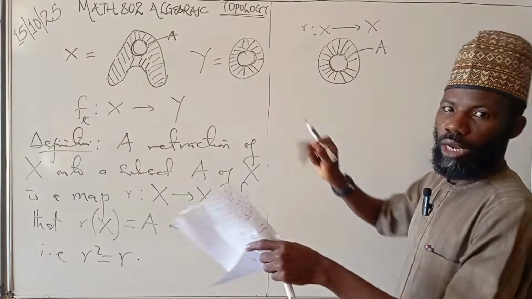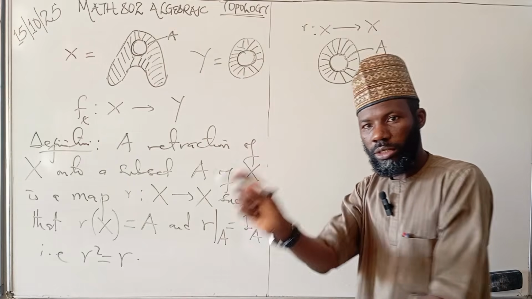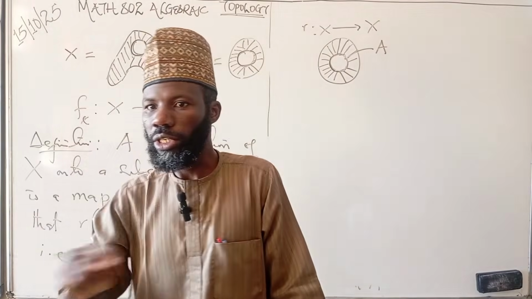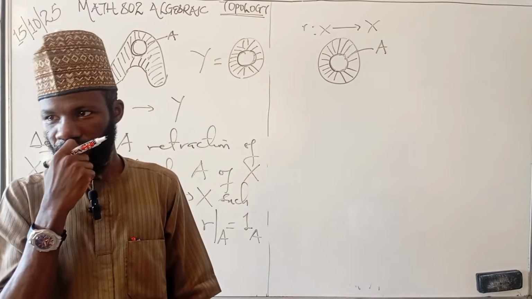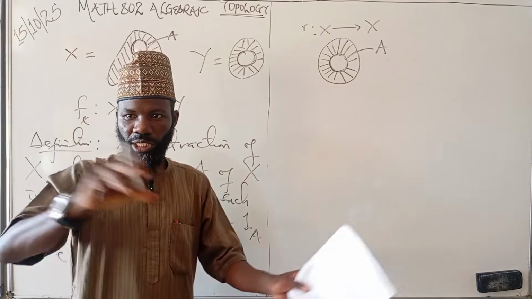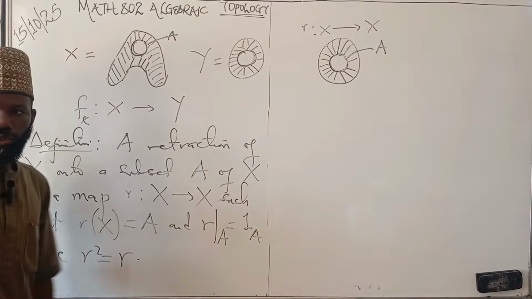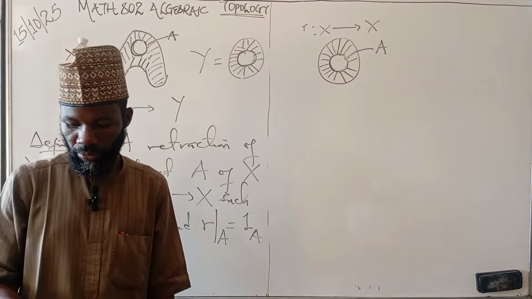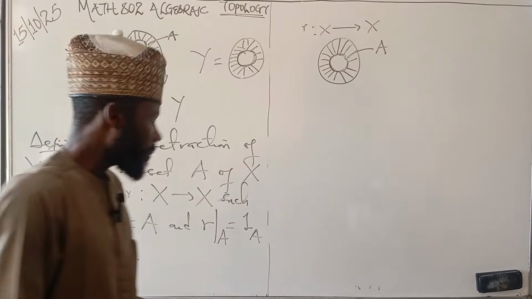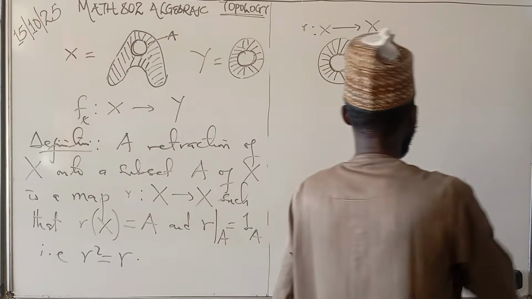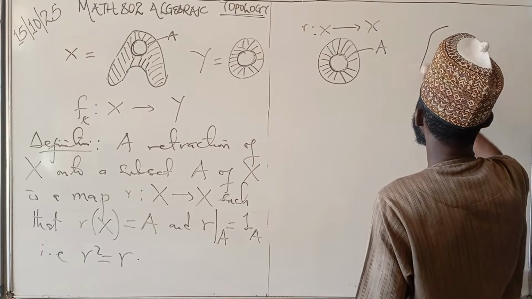So that mapping, that will just drop everything down to the cycle at once without changing the points on the cycle, is what we call a retraction. Retraction of the entire space onto what? Onto the subspace A. I hope it's okay. So that is what is called retraction. You can also think of the A over there.